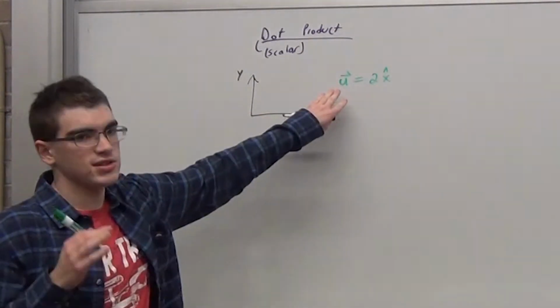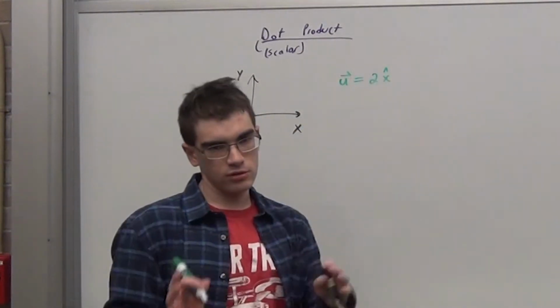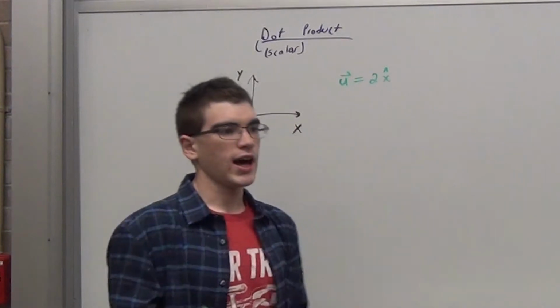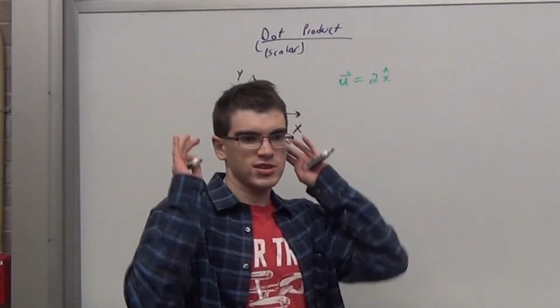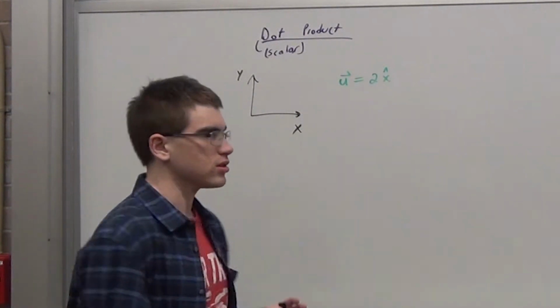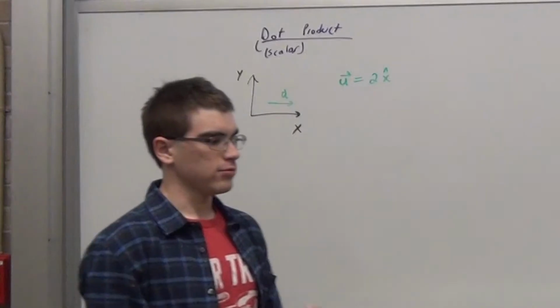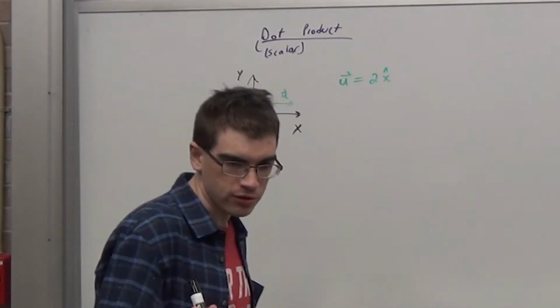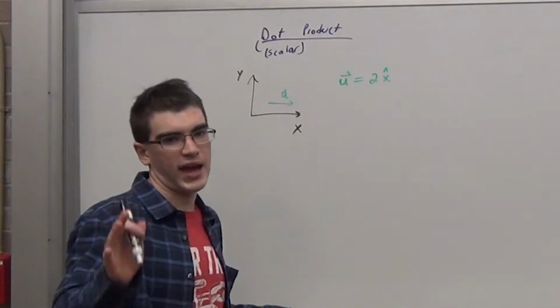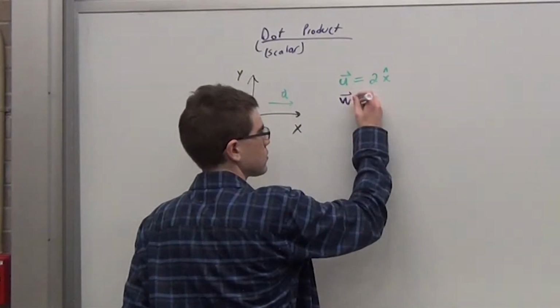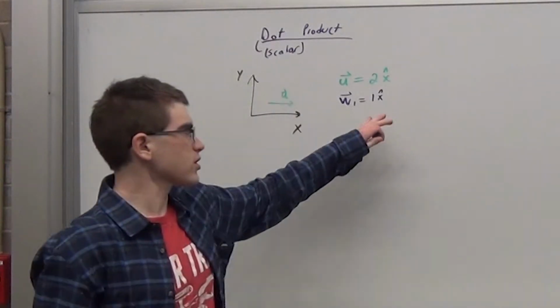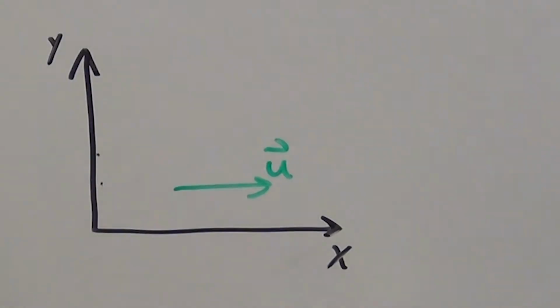Just going to define some vector u equal to 2 in the x direction. Now, this is not a position vector, so it does not need to start at the origin. Now I'm going to define a vector w that's always going to have a magnitude of 1. My first w, w1, is just going to be purely in the x direction.